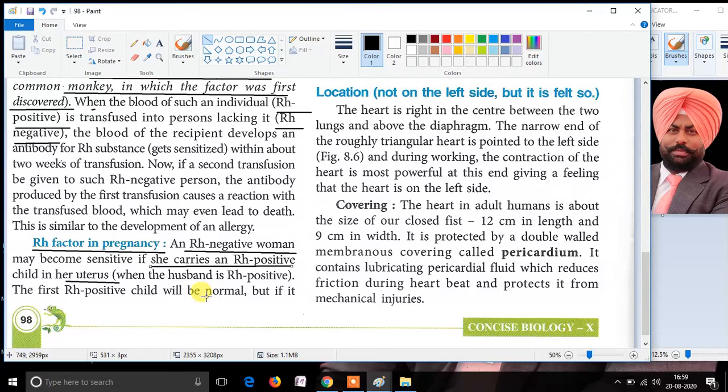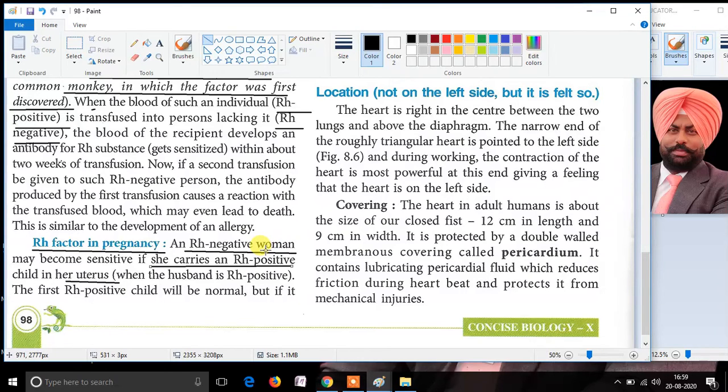If this happens, then the Rh negative woman will produce antibodies which will interfere with the blood of the Rh negative woman.